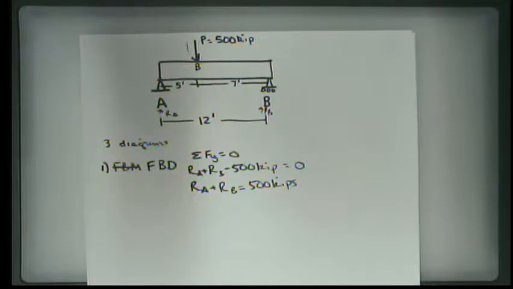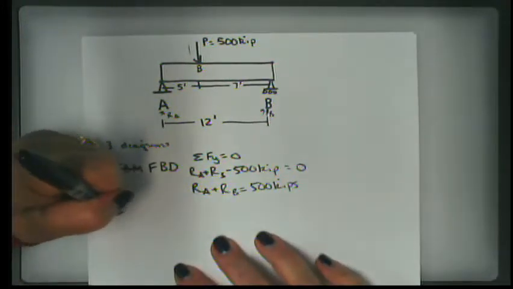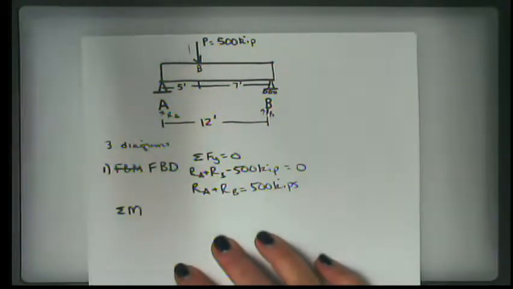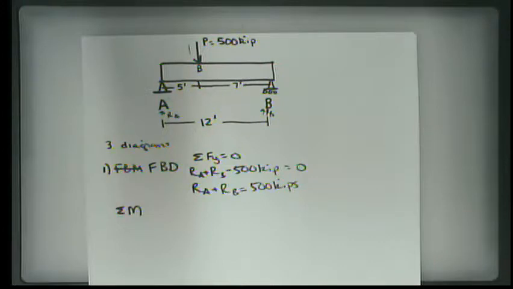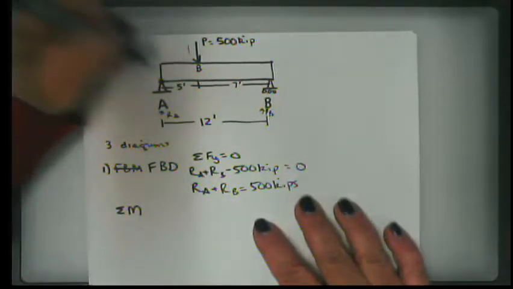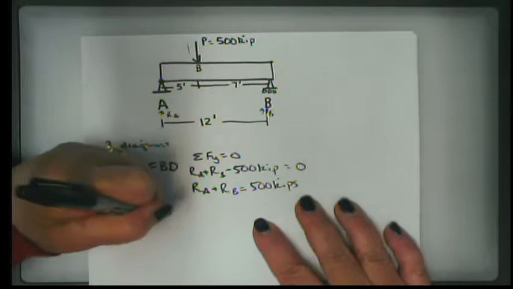I'm going to say the summation of moments about some point, doesn't matter which, but I would choose one where there's a reaction, because if my moment arm is 0, then the moment from that force is 0. If I choose A, there's no moment from force A because there's no moment arm. So I'm taking the moments about point A and setting them equal to 0.